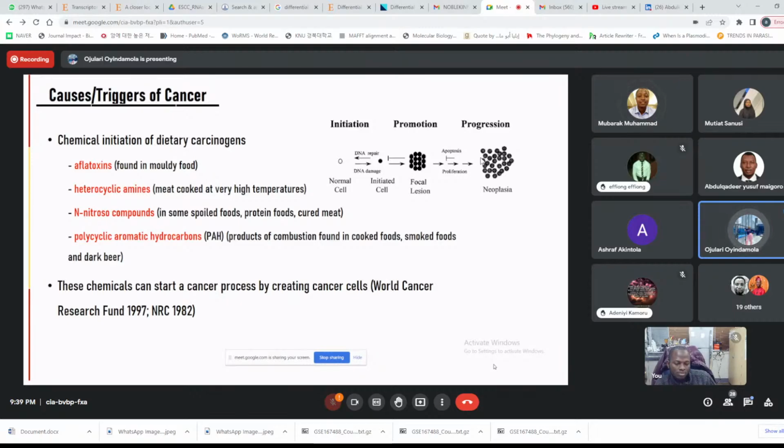Not knowing that in the long run there's a compound that is being produced from this process.